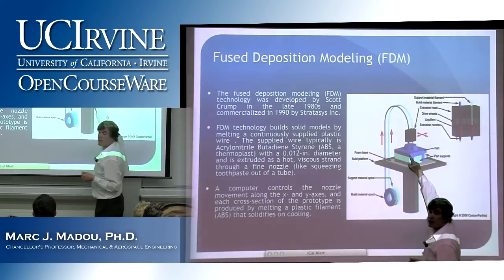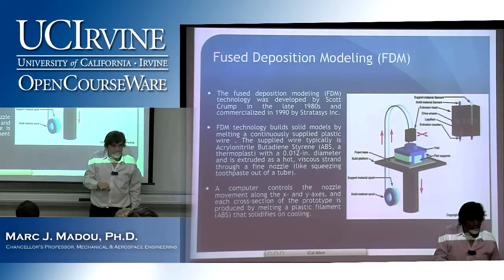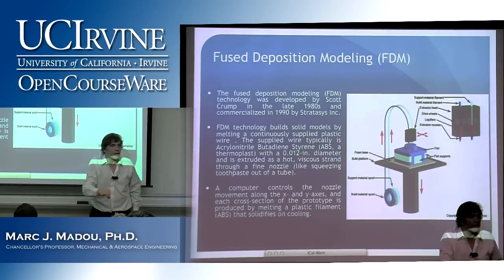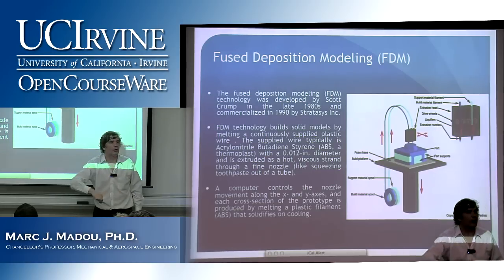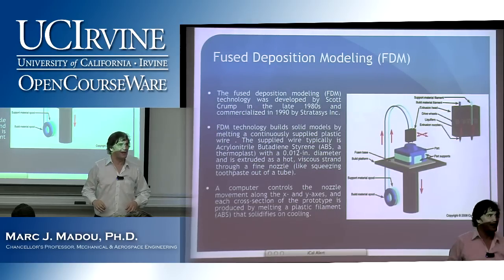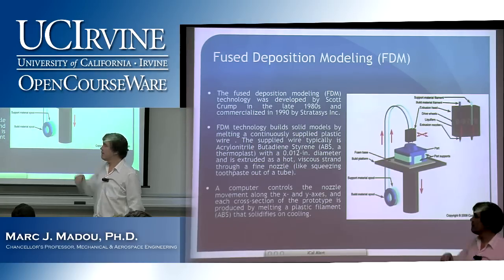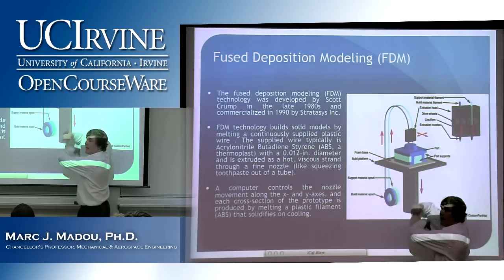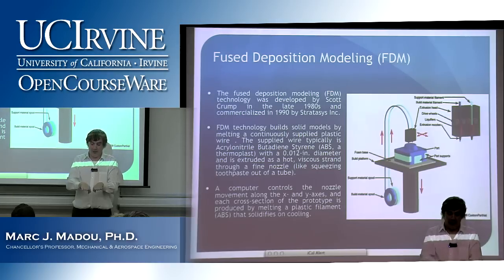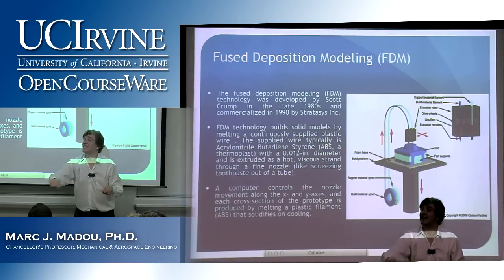Now, since this is an XY stage, I can direct the computer to move that molten material in any shape I want. I can draw a circle, I can draw a house, or no, not a house, that's 3D. I can deposit a slice of the house. When I'm finished with slice 1, what do I do? I lower the platform, and the computer tells me to write the next slice.